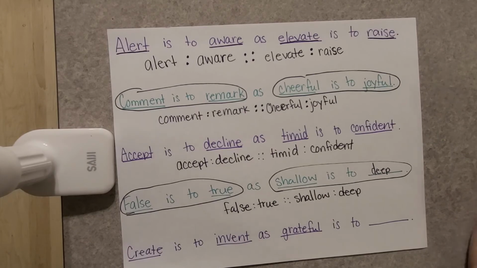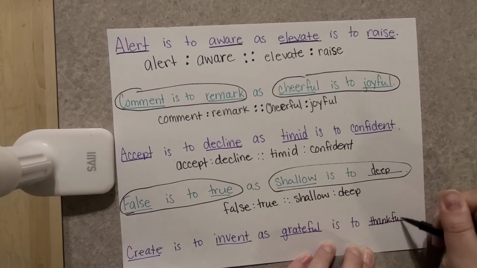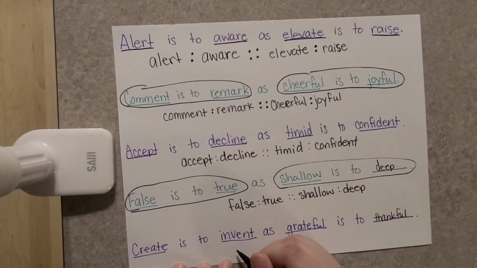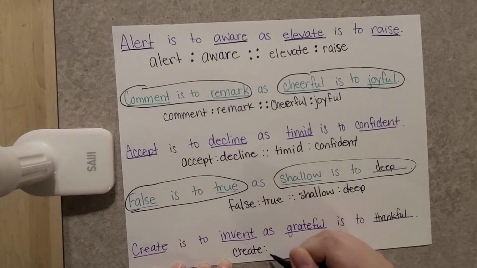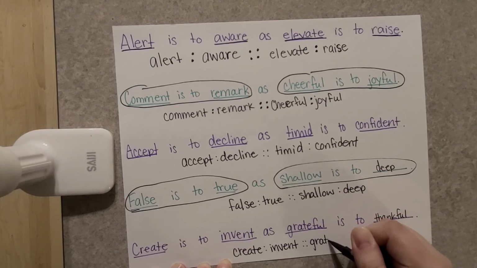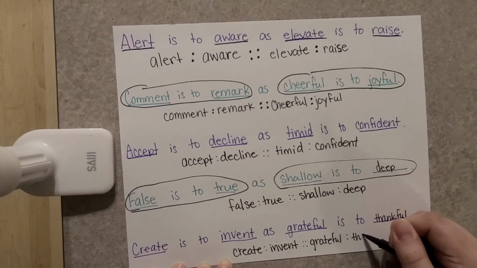And I think I'm going to choose thankful. So now I need to write it the formal way, which would be create is to invent, as grateful is to thankful.